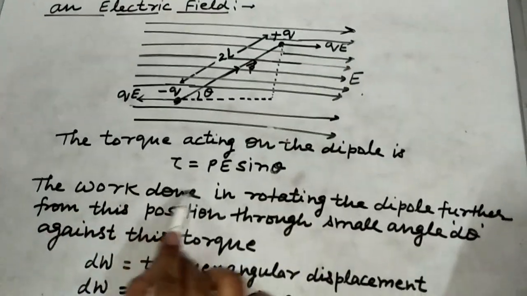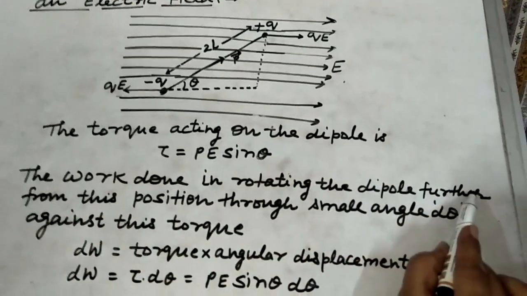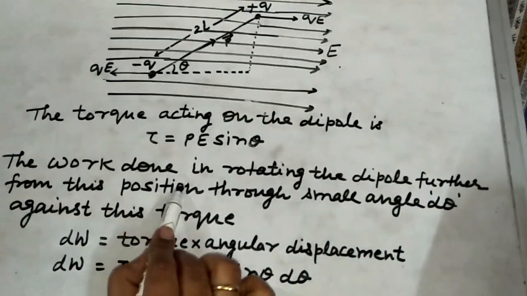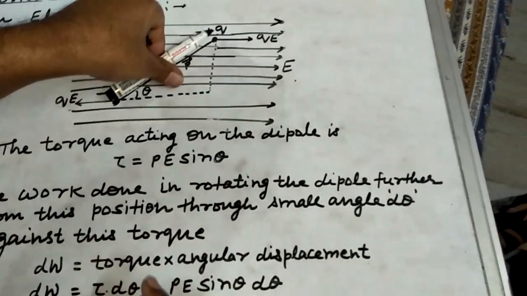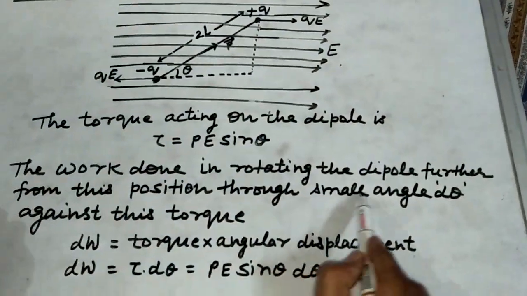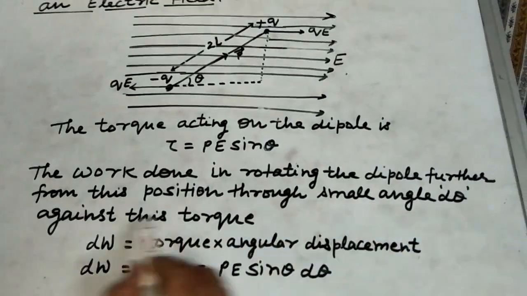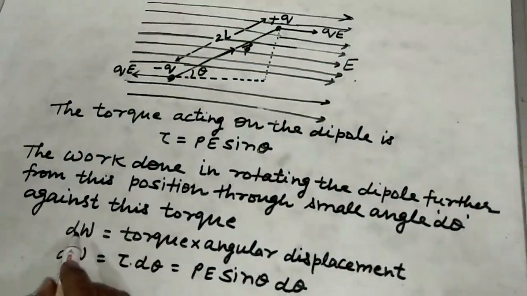So the work done in rotating the dipole further from this position through a small angle d theta against this torque is done by us.